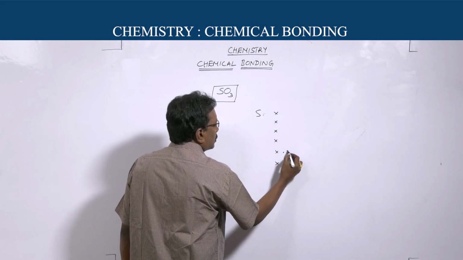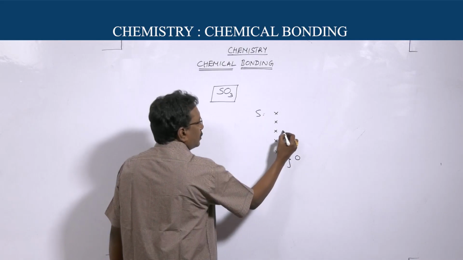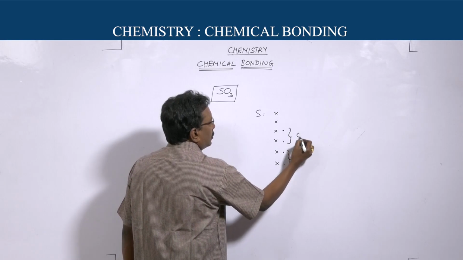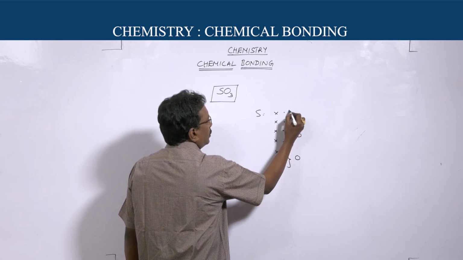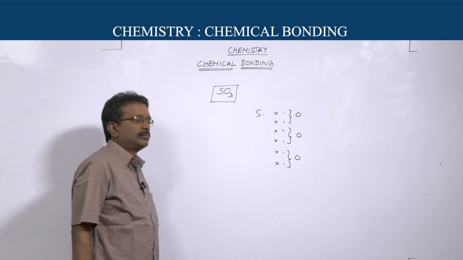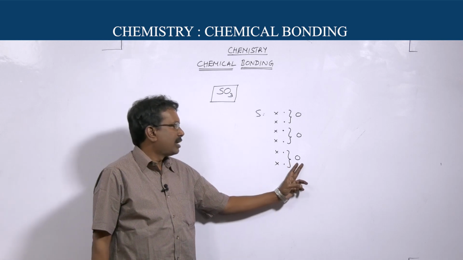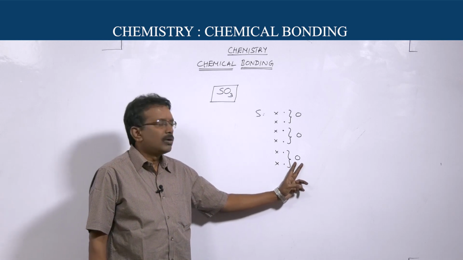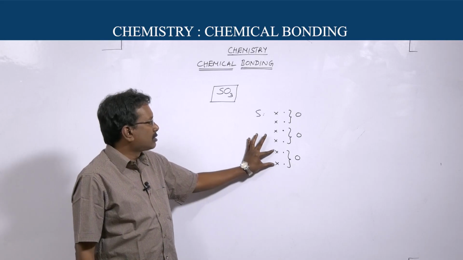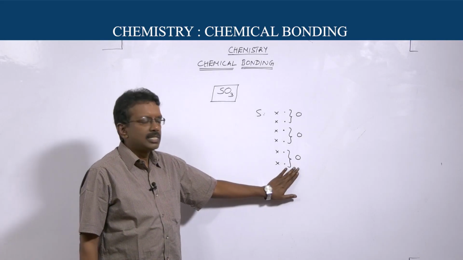So 2 oxygens, and the 3rd oxygen. Because each oxygen valence is 2, each oxygen can form 2 bonds. That's why 2 electrons of sulfur I am utilizing for one oxygen atom.